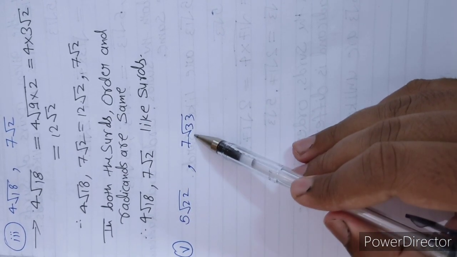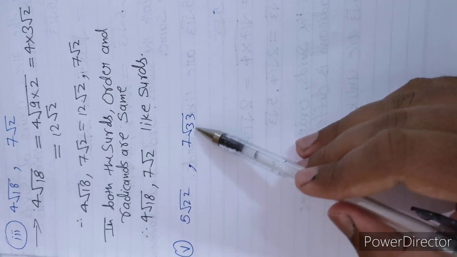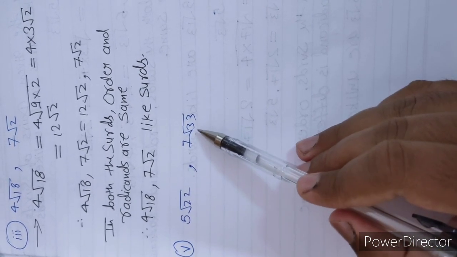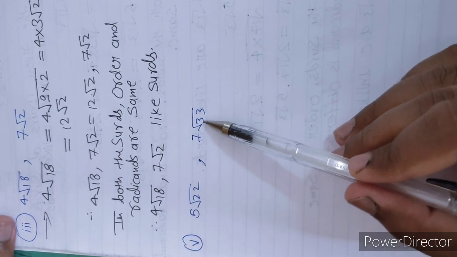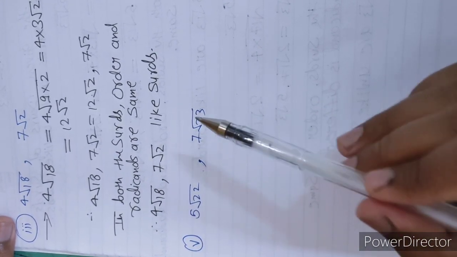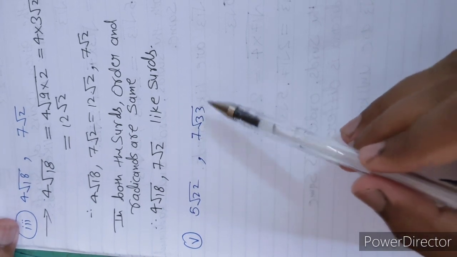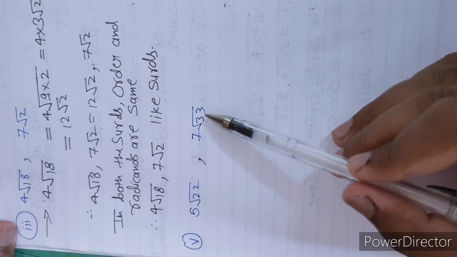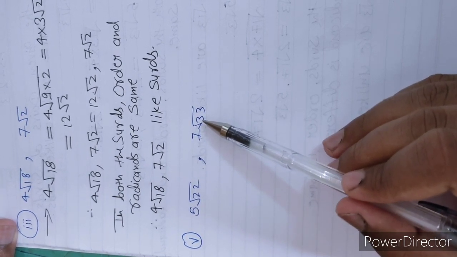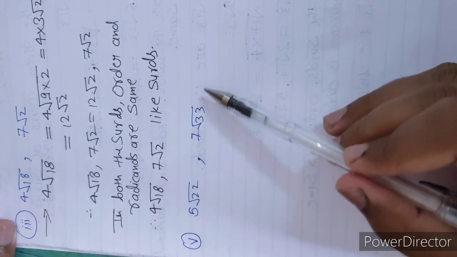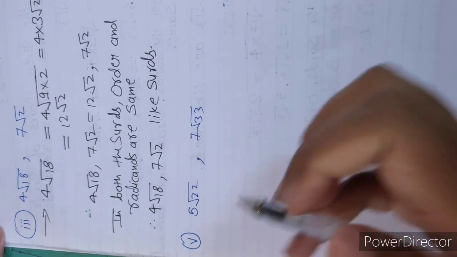Okay, let's move on to the second surd, that is root 33. Root 33 can be written as the multiple of 11 again, that is 11 threes are 33, but the square root of 11 as well as square root of 3 is not predefined.